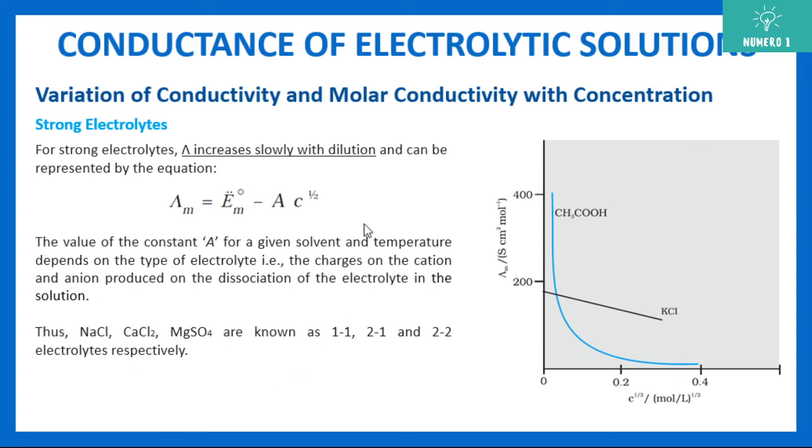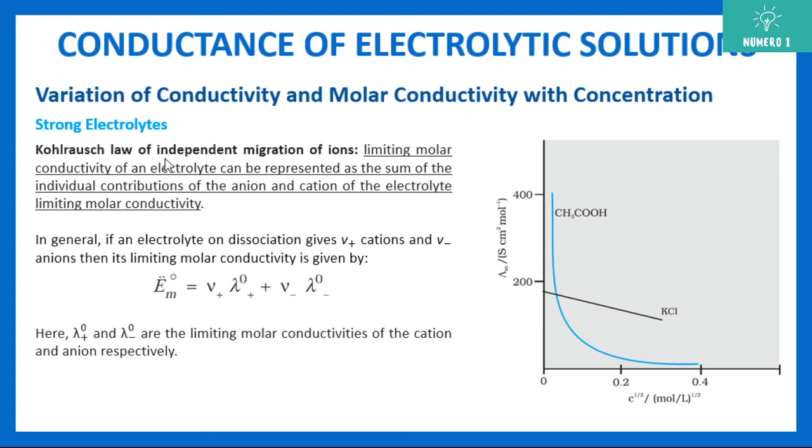Now, in order to calculate the value of limiting molar conductivity, we have Kohlrausch's law of independent migration of ions. What does this law tell us? It simply tells us that limiting molar conductivity is the sum of conductivity due to cations and due to anions. Let's take an example where nu plus cations are produced and nu minus anions are produced.